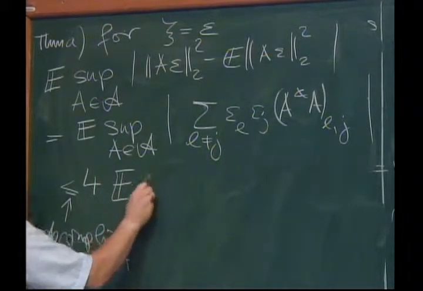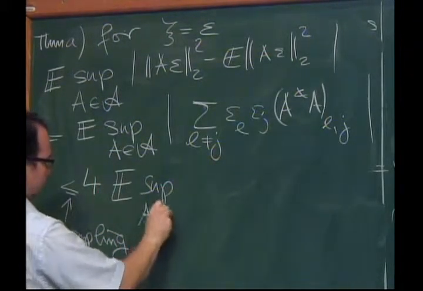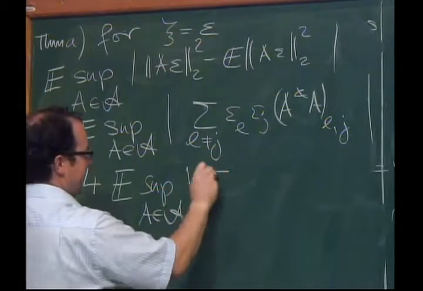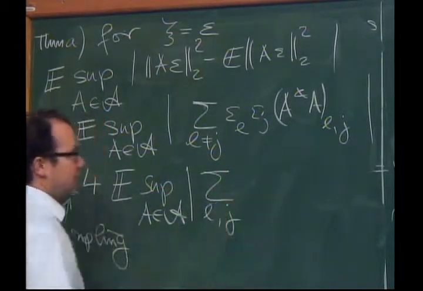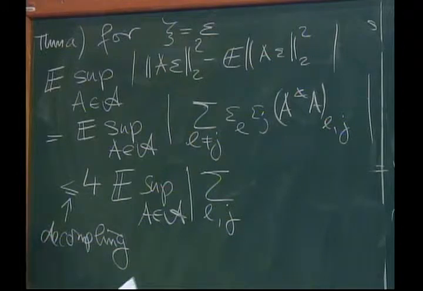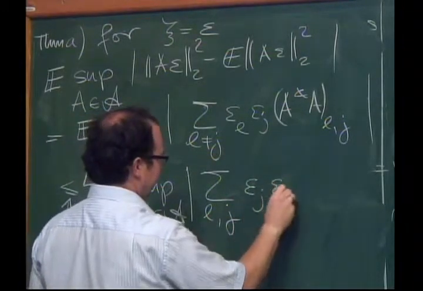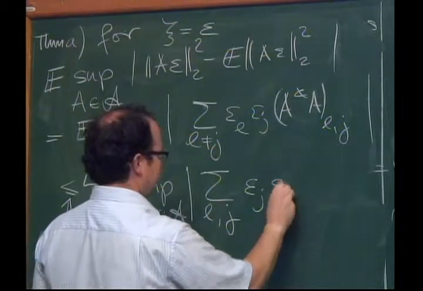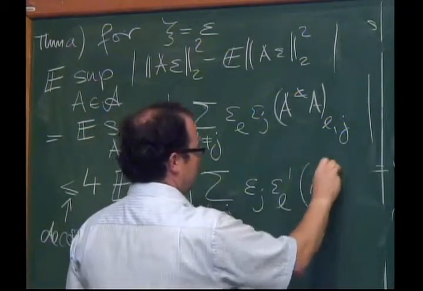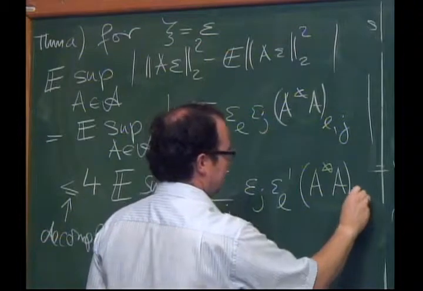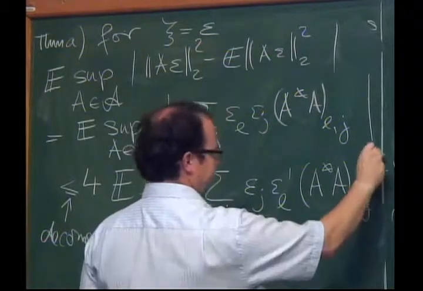And here, when decoupling, we can actually also introduce the diagonal again. So here we have epsilon j, epsilon L prime, A star A Lj.